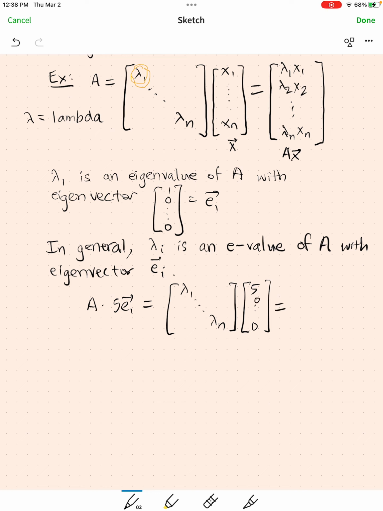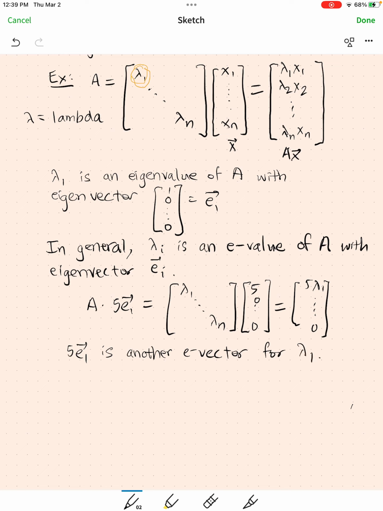And what am I going to get when I multiply? I'm going to get 5 lambda 1 to 0. So 5e1 is another eigenvector for lambda 1.